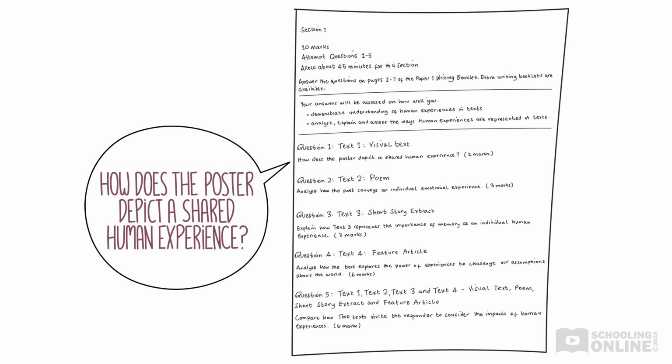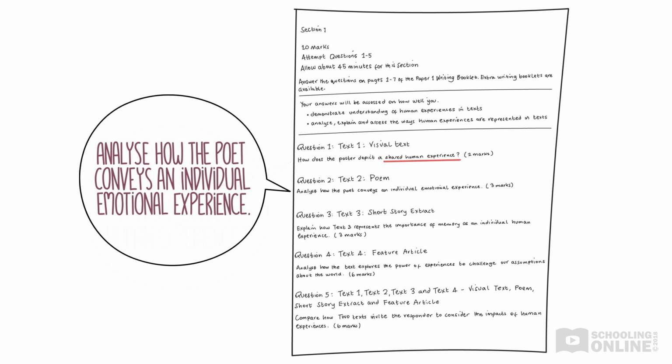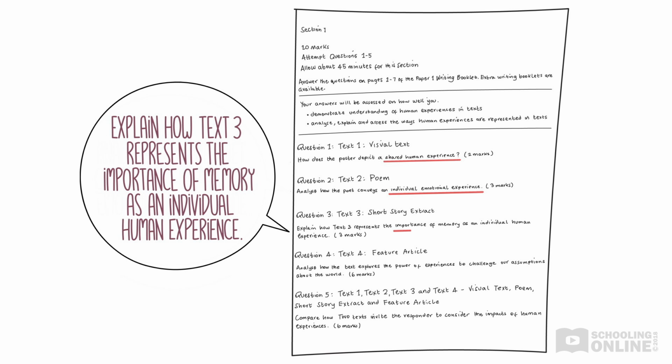When we turn to Text 1, we will be looking for an experience shared by a group of people in the poster. According to the next question, when we read Text 2, we're on the lookout for an emotion experienced by an individual. Next, we're looking for any memories in Text 3 and how they are experienced.